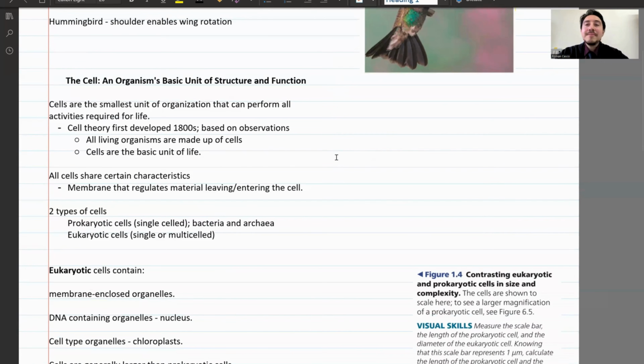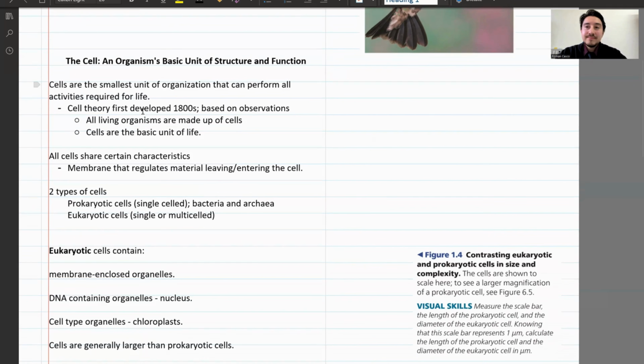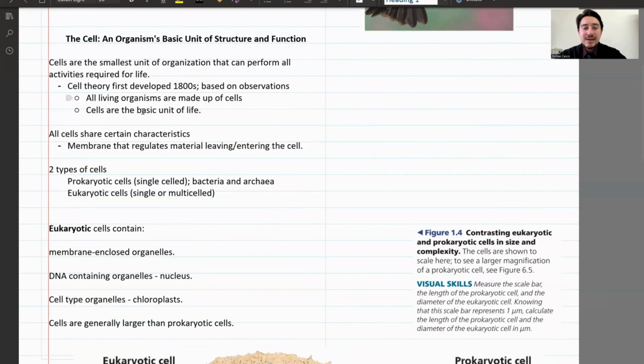All right. One of the main key properties of life is the cell. Okay. So an organism's basic unit of structure and function. So this is what defines, if I can say, life, right? So cells are the smallest unit of organization that can perform all activities required for life. We're going to see cells all throughout.